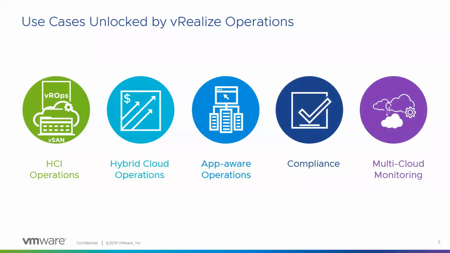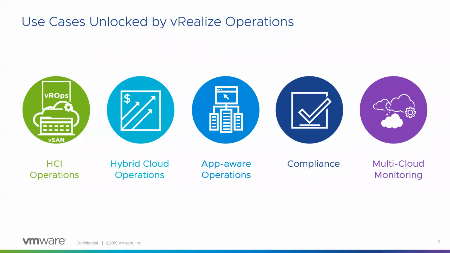Okay, so the use cases that we focus on with vRealize Operations, and the one that I'll focus most on today is the one right there in the middle, app-aware operations. That was a key talking point for us with the 8.0 release, a little bit in some of the earlier releases of 7.x leading up to that, but it really came to the forefront in the 8.0 release.